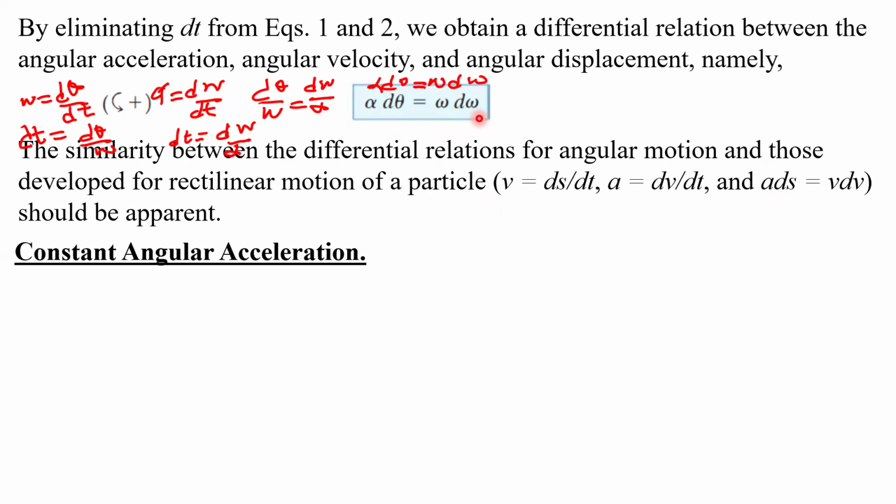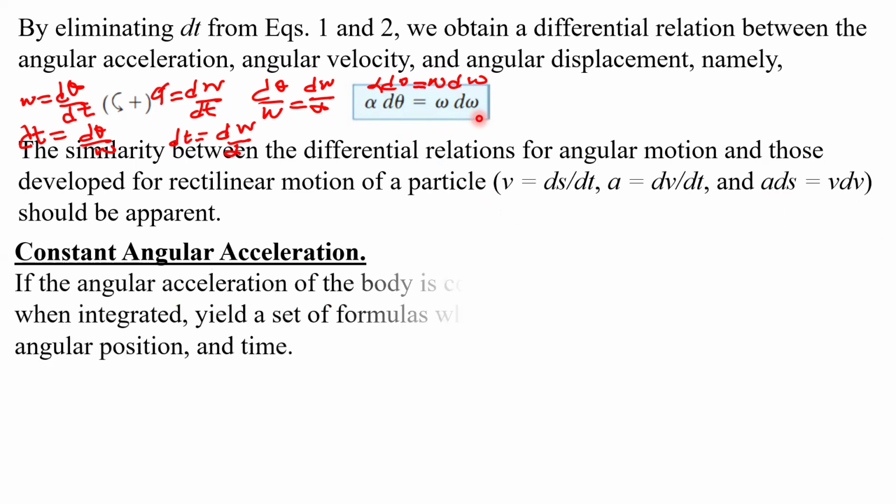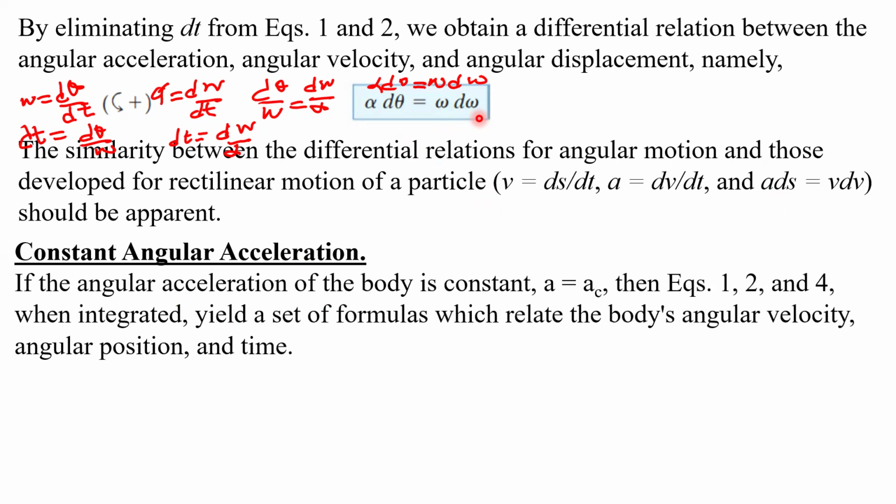Constant angular acceleration, that is when the rate of change of velocity is constant. If the angular acceleration of the body is constant, alpha is equal to alpha c. The subscript c stands for constant acceleration.